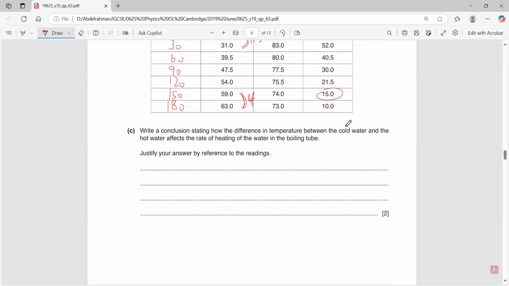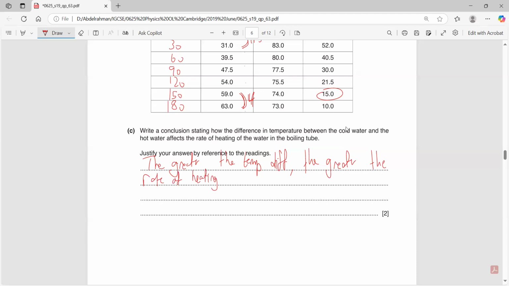That's it. So the greater the temperature difference, the greater the rate of heating, you can say.